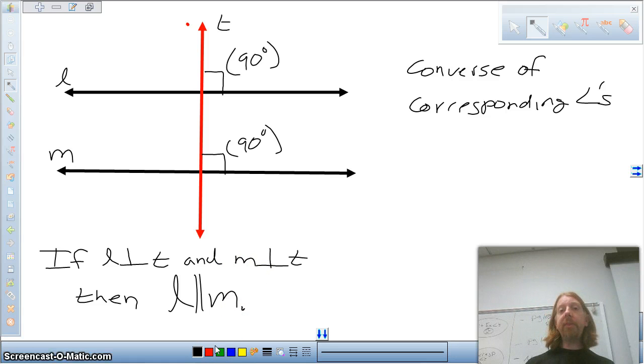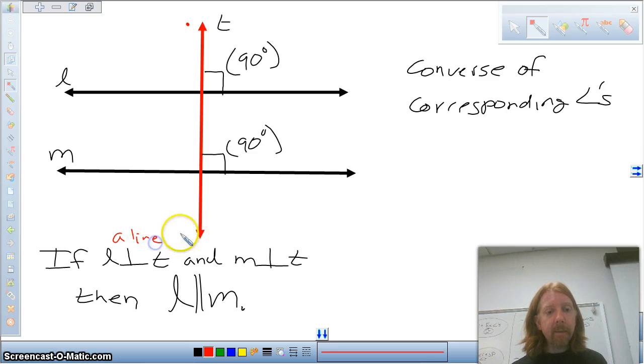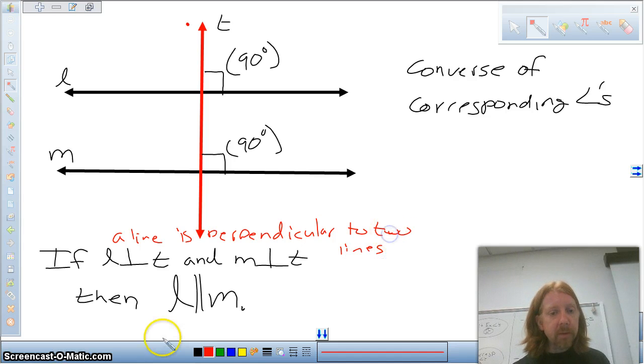And so again, this is a theorem that I can then quote. If, and now instead of saying this in this form, perhaps I might say, if a line is perpendicular to 2 lines, then the lines are parallel.